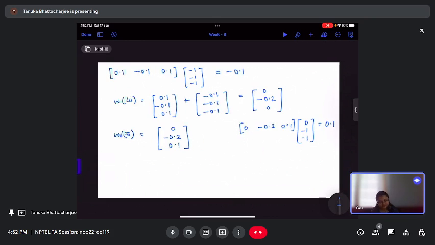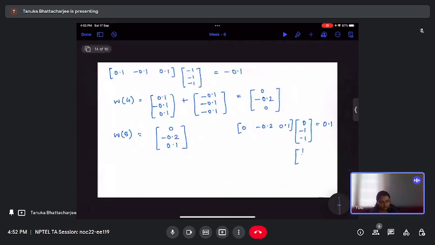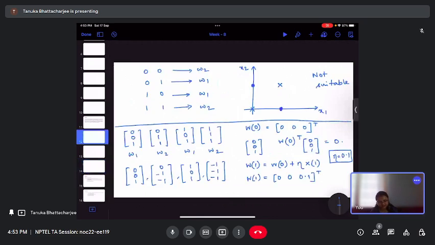So, the next sample is 1 0 1. If you have 1 0 1 here, the weight vector is the same, 0 minus 0.2 0.1. Now, you will get again 0.1. So, this is also correctly classified. So, you do not need to update again. Let us check the fourth example, which is all minus 1s.